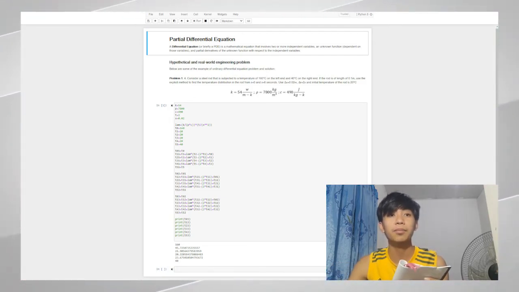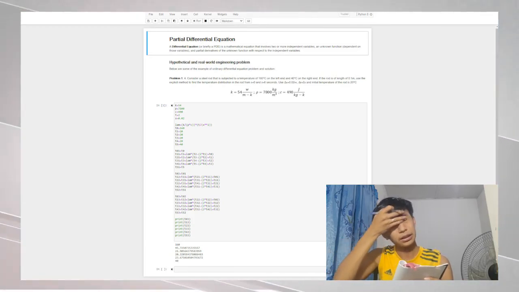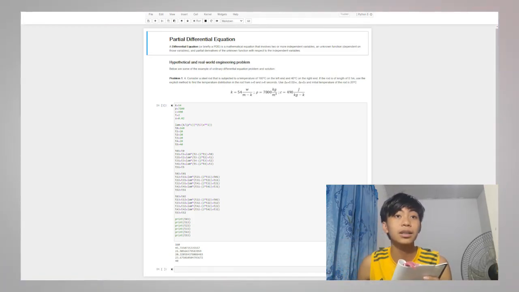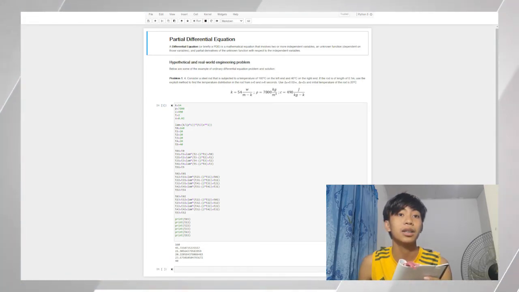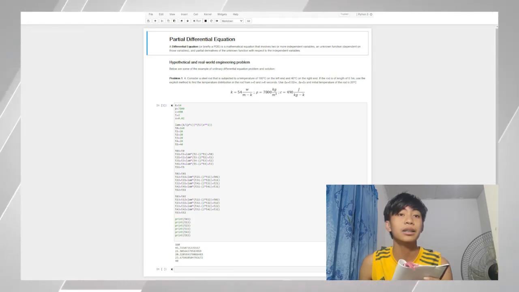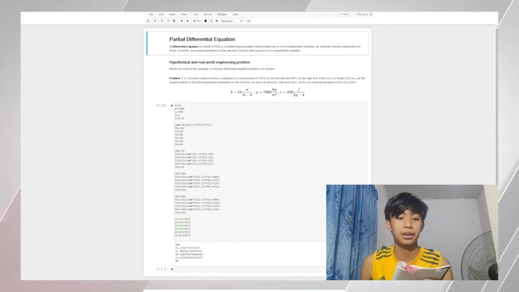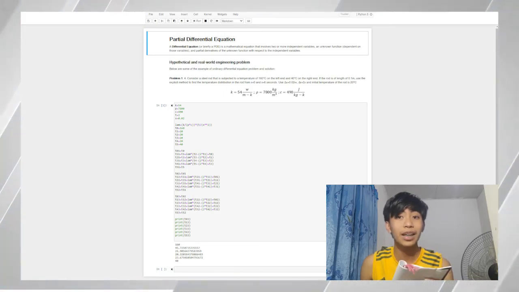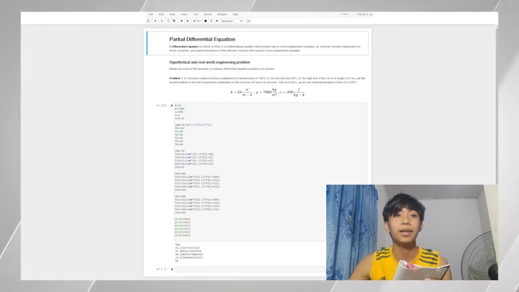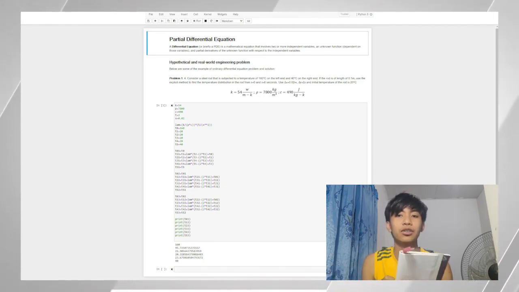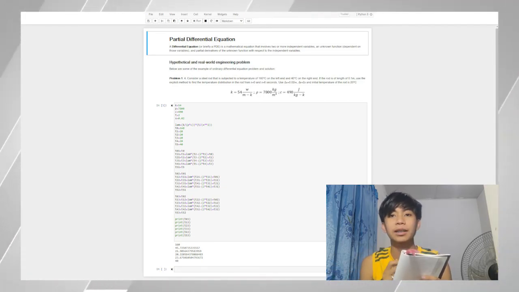So, yung hinahanap lang po dito is yung T sub 0 raised to 3, T sub 1 raised to 3, T sub 2 raised to 3, and T sub 3 raised to 3, and T sub 4 raised to 3, and T sub 5 is equals to raised to 3. So, bakit yun po yung print natin dito, tapos yung iba pong sinolve hindi natin print?